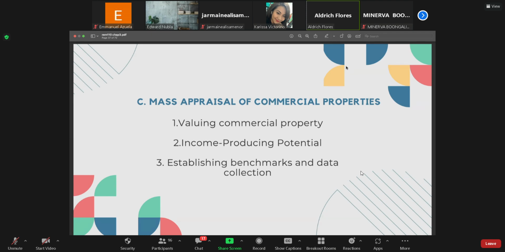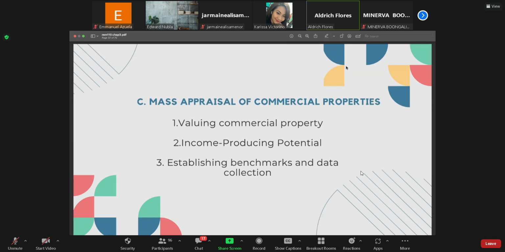So under ng income item, ang sample nito is yung mga revenue generated from rent. Also included dito yung mga parking fees. So ano naman yung expense items? Ito yung property taxes, yung insurance, yung maintenance, yung utilities. Kailangan din nating malaman yung capitalization rates. So ito yung potential return mo dun sa real estate investment.